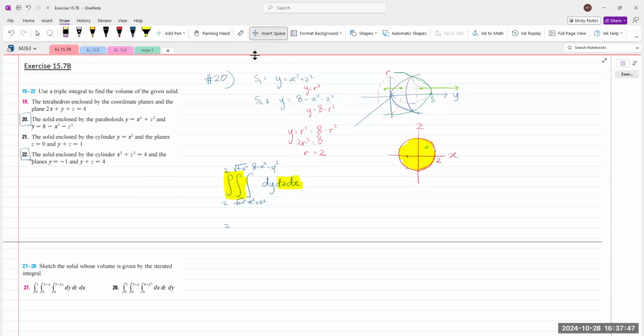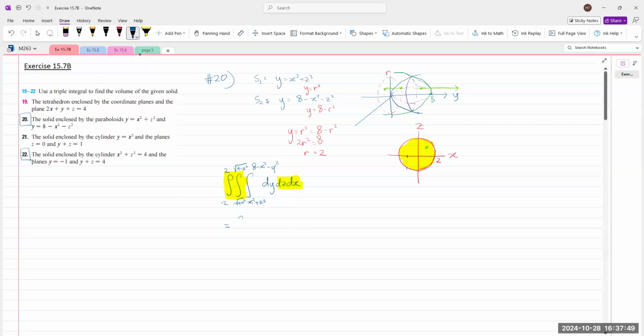So this will be the double integral from -2 to 2, from negative square root of 4 minus x squared to square root of 4 minus x squared. The inner integral will be just the difference, the length of the interval. That will be 8 minus x squared minus z squared minus x squared plus z squared.